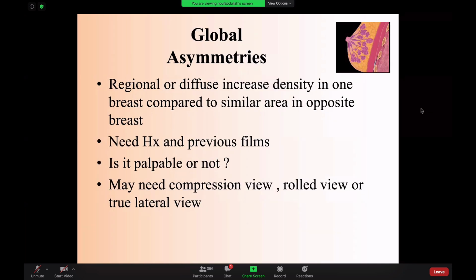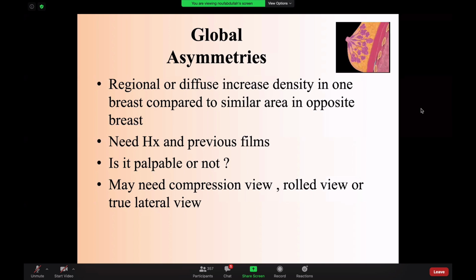So what's a global asymmetry? Global asymmetry is regional or diffuse increased density in one breast compared to the other side. An important thing to keep in mind is to ask about history of any previous imaging, because if this is persistent and known and we've seen it before, then most likely this is nothing to worry about.